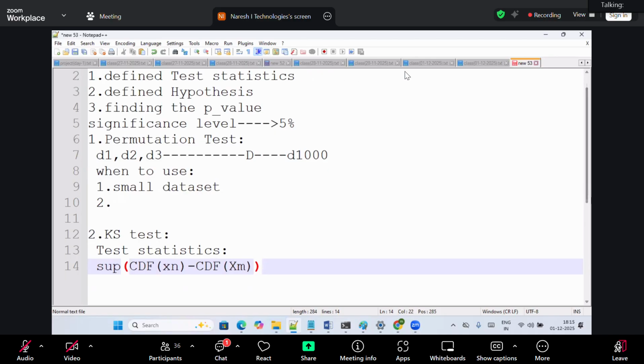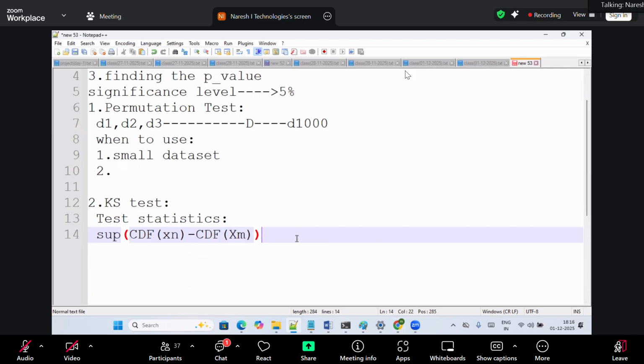This will give you the test statistic. We know that we have x and y, two random variables, and we are just checking the difference. Wherever I get the maximum difference of the CDFs, that will be my test statistic. And we know, guys, what is the formula here to get the test statistic? What was the formula?